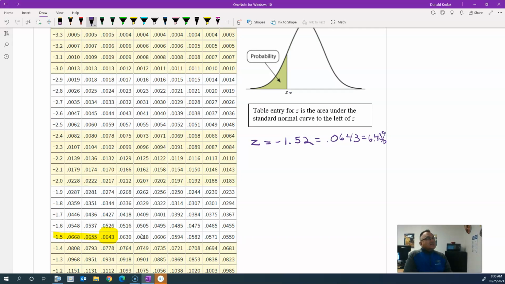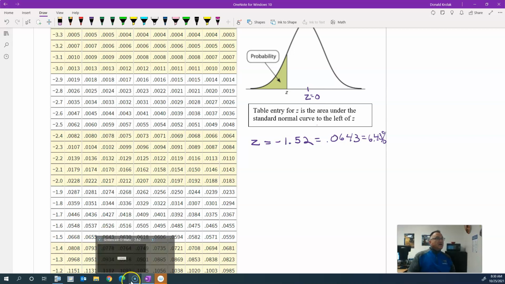So if this z-score was negative 1.52, then the area shaded to the left of it would be 6.43%. When a z-score is 0, guys, it's right at the middle. It's at the median, it's at the mean.